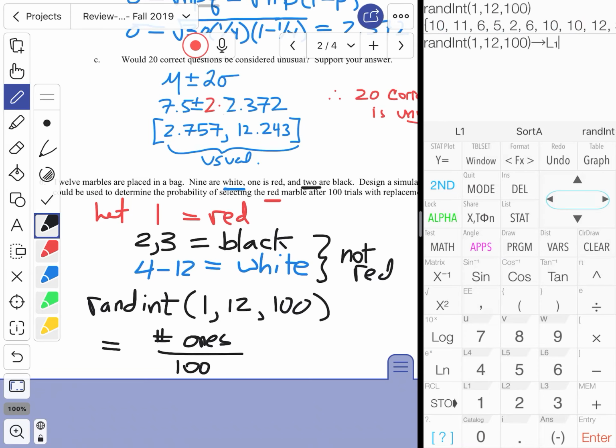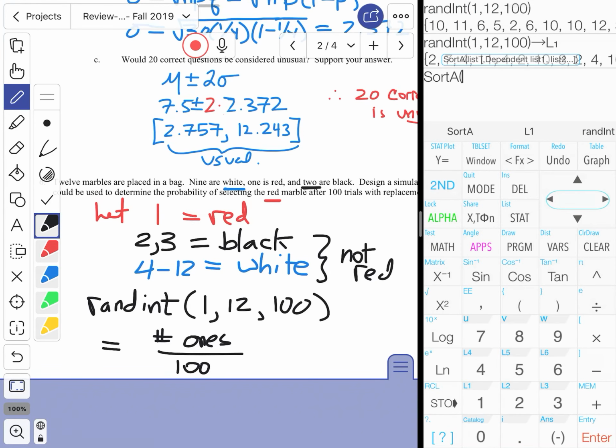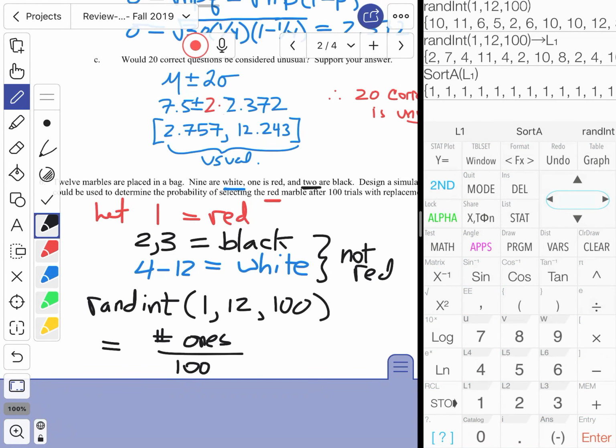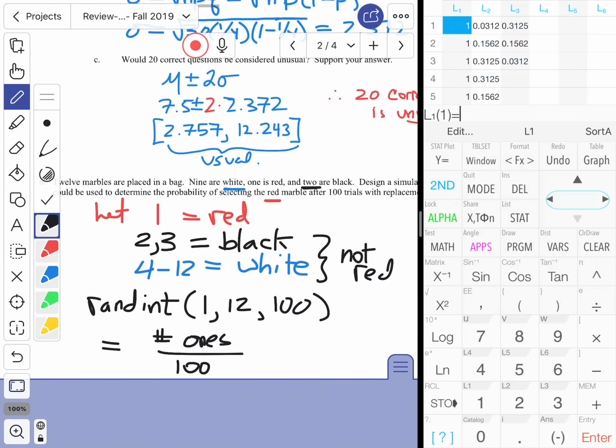Store it into L1. Then sort out my L1 in ascending order. Then I would go into my editor and just keep going till the 1 stop. So the 13th value would be the last one. So I would get 13 out of 100.